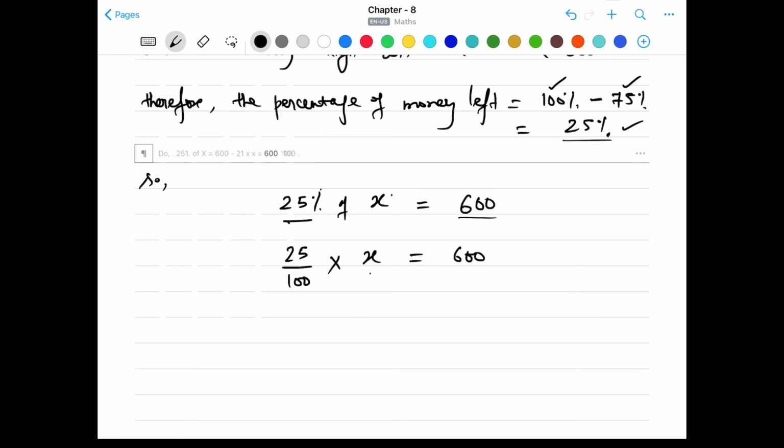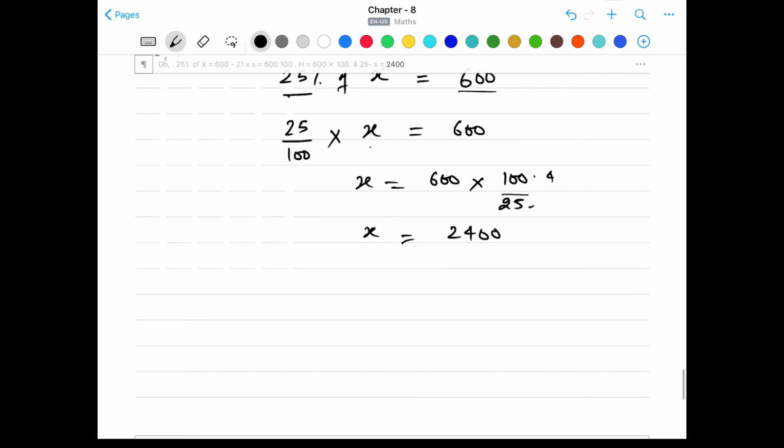Again keeping this x here, we will shift this 25 by 100 onto the right hand side, so it will become 600 multiplied by 100 divided by 25. When you divide that, 100 by 25 you will get 4 here, and this 4 into 600 will give us 2400.